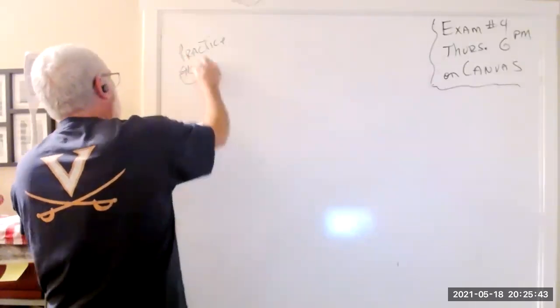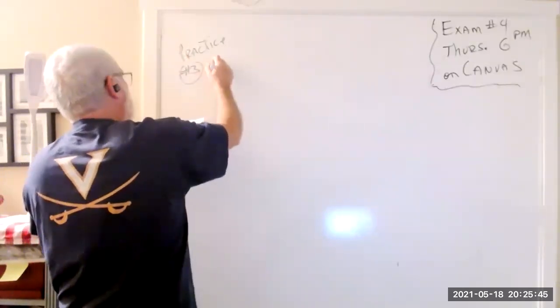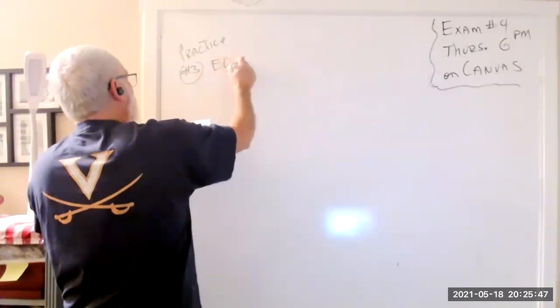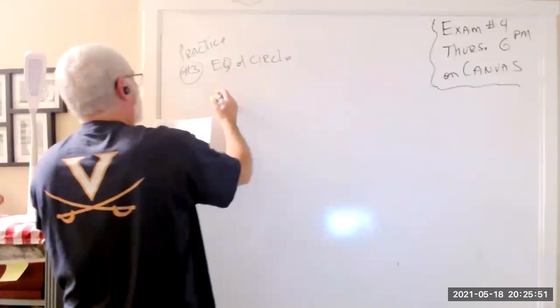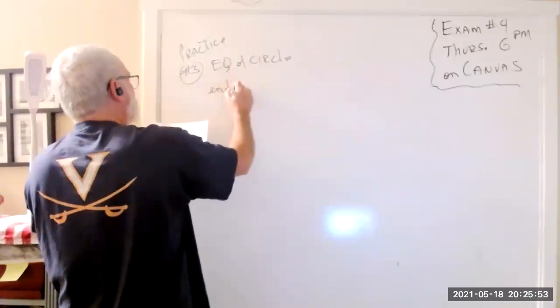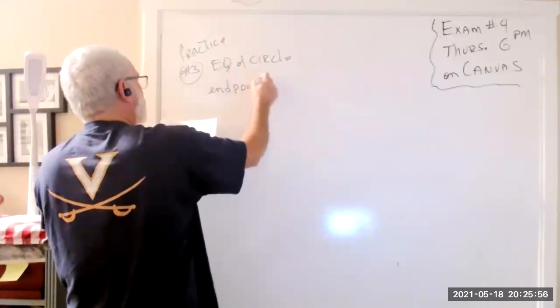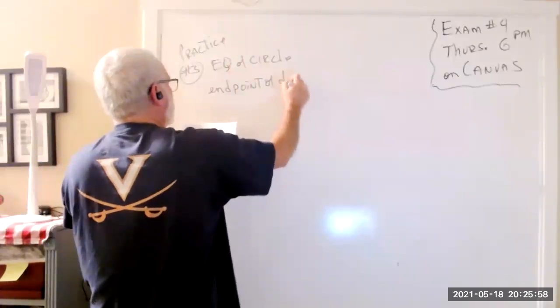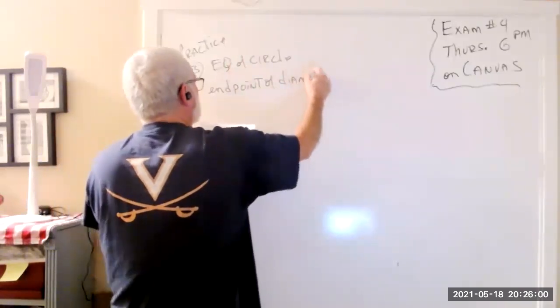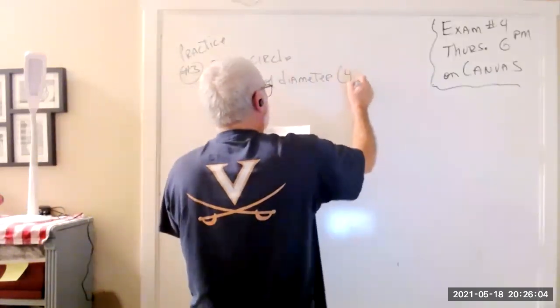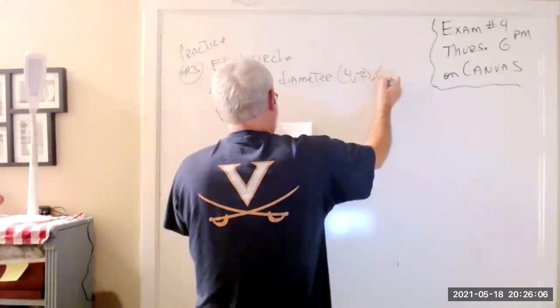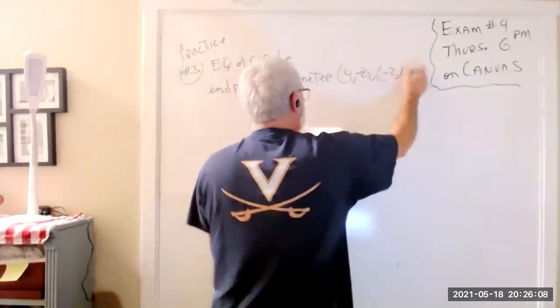Number 3, I want the equation of a circle and the endpoints of the diameter are 4, -2, and -2, 10.